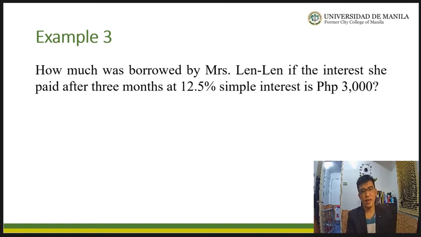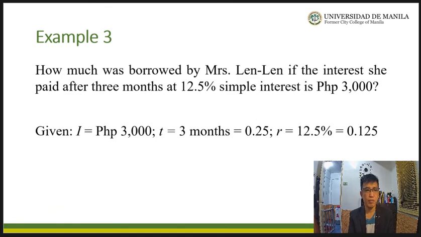Okay, this is already a different problem because number 1, we know that time now is not already in terms of years, but in terms of months. But our task here is to, of course, convert months to years. So that would be 3 divided by 12 because we have 12 months for a year. And then again, let's define our given.